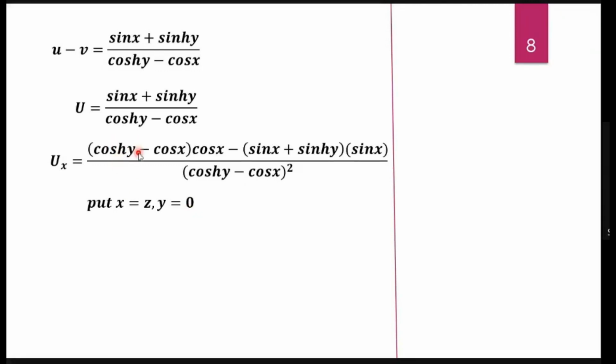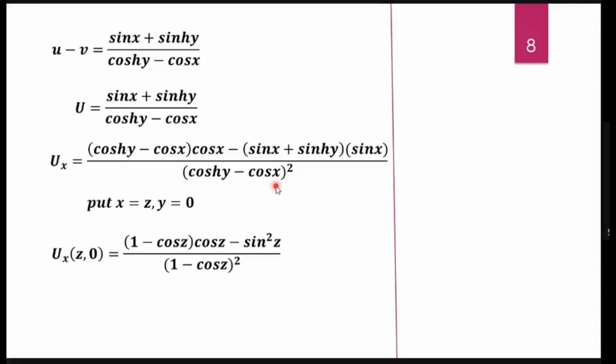So here it will be 1 minus cos z into cos z minus sin z, this is 0, into sin z upon 1 minus cos z the whole square. If I replace x as z and y as 0, cos h0 is 1, and here sin h0 is 0 into sin z, so I have written sin square z.